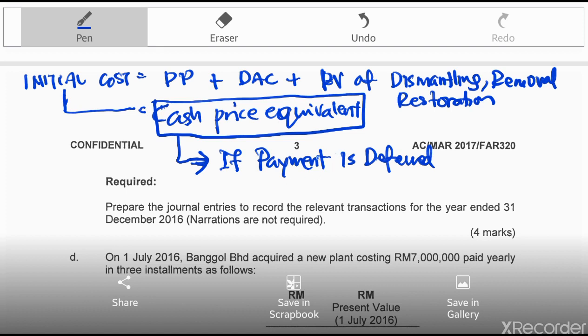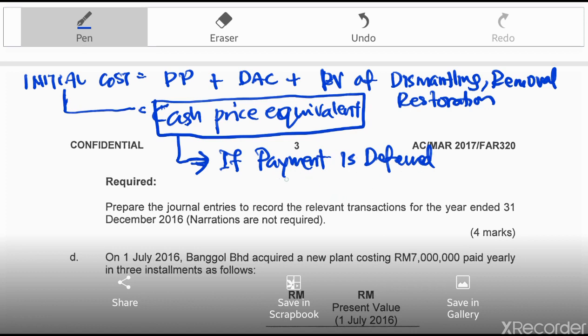Maybe you pay some deposits, some first payment in cash, but maybe there are two or three payments that you need to settle in the future. So if that is the case, payment is being deferred.